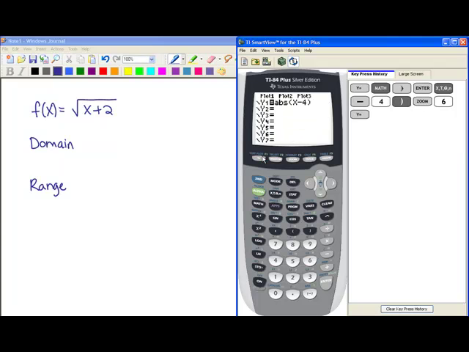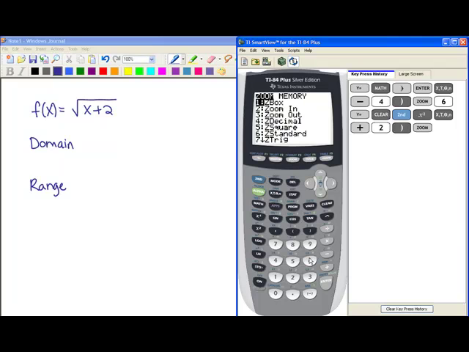Press the y equals key, clear out the previous function. I'm going to press second square root, x plus 2, and close the parentheses. Hit zoom number 6.